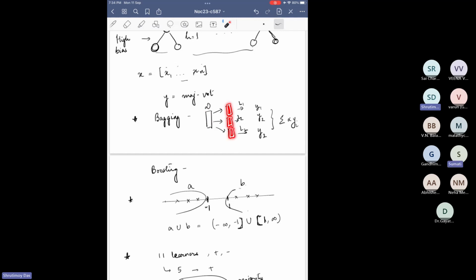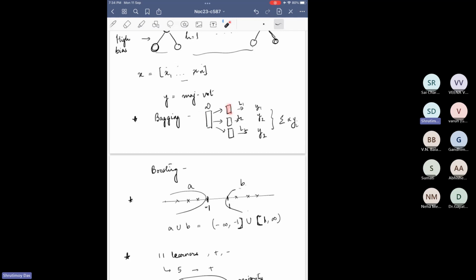If you had N points, you will create data sets which have less than N, or maybe equal to N, but you sample in such a way that the data in each of these is different. So suppose this has 1 2 3, this will have 3 4 5, and this will have 4 1 2. So you create different versions or samples of this data set.